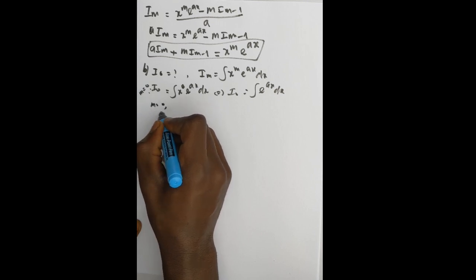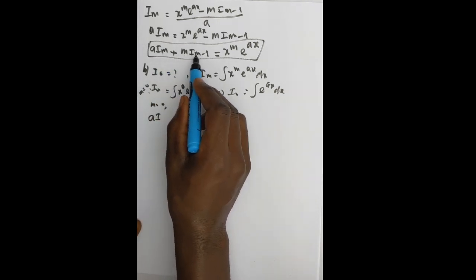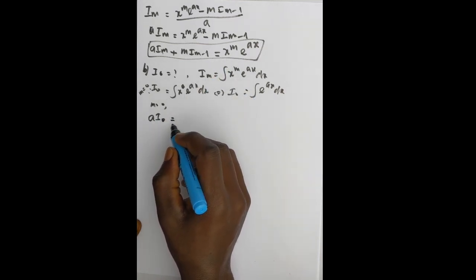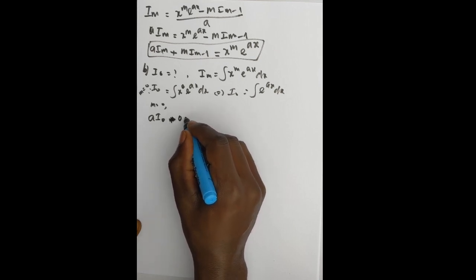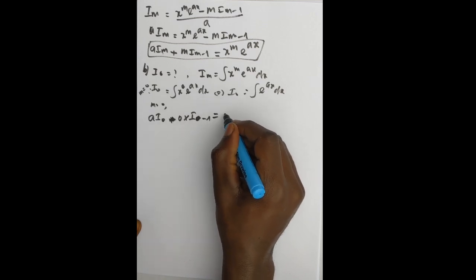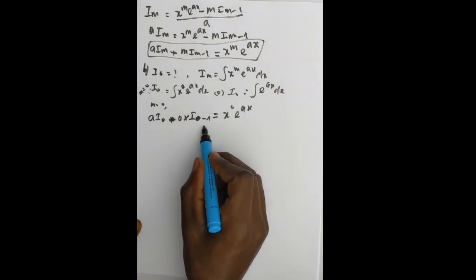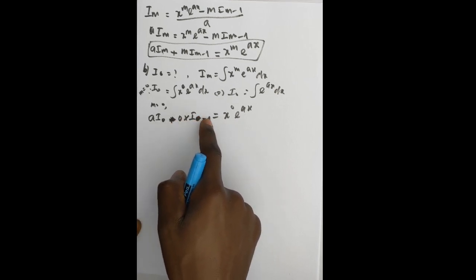Since m is equal to 0, by replacing m here, I have a I0 plus 0 times I-1 equals x power 0 e power ax. So here we get 0 because this is 0 times I-1.